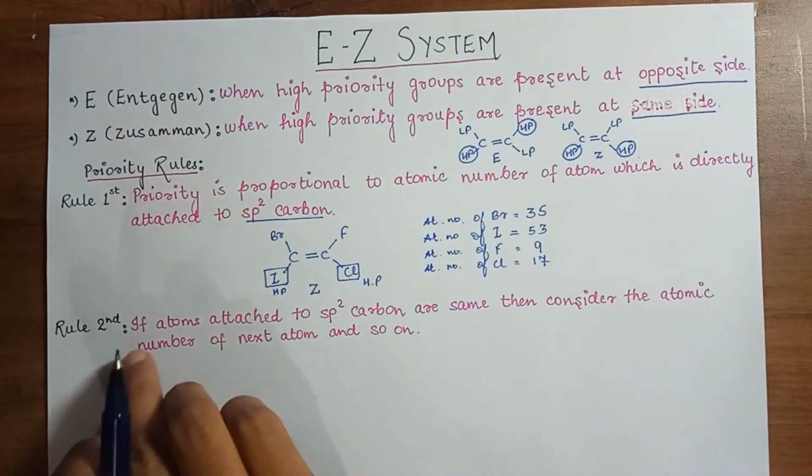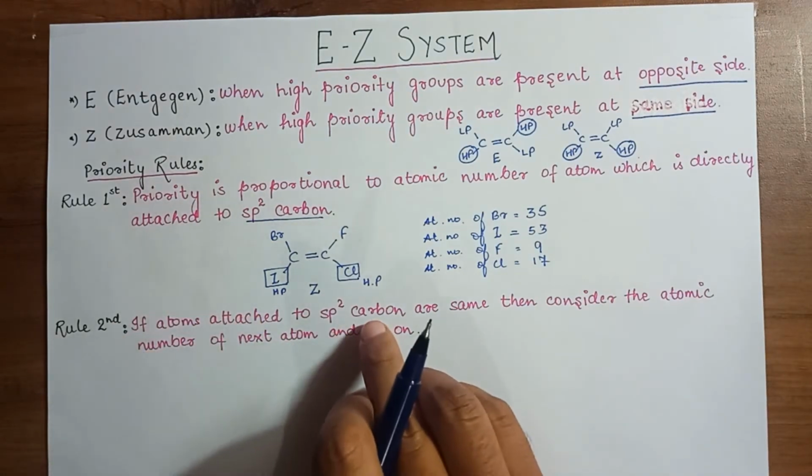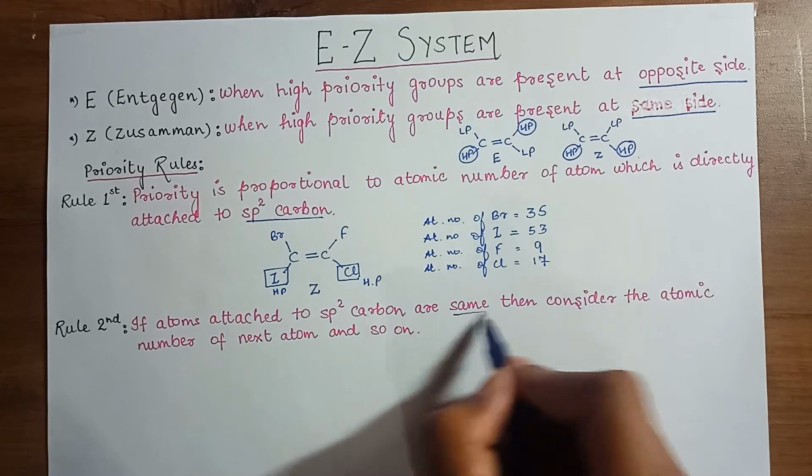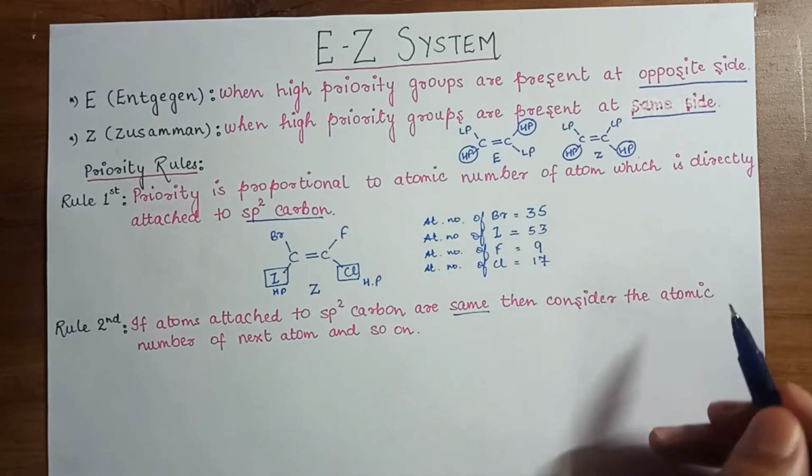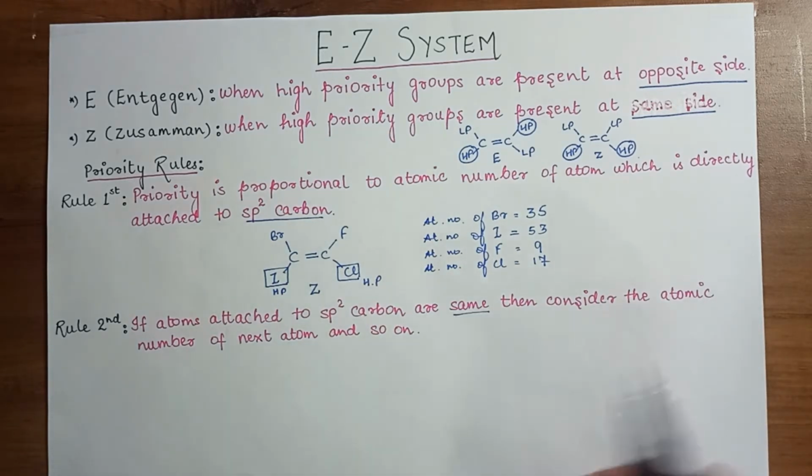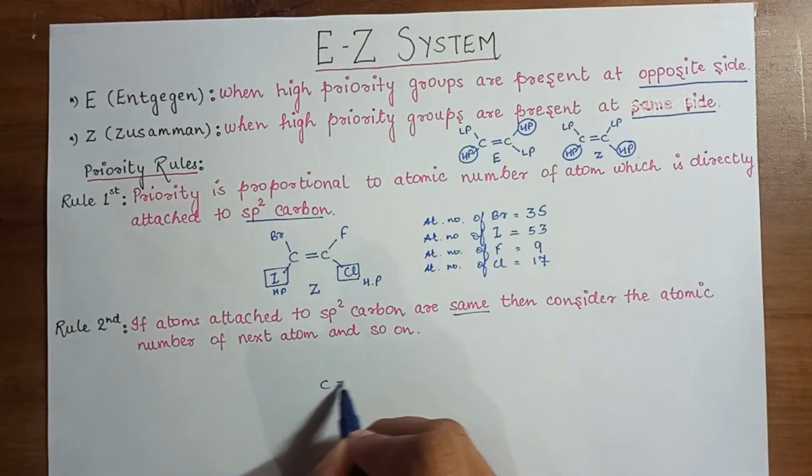So this was the first rule. The next rule is, if the atoms attached to the sp2 carbon are the same, then consider the atomic number of the next atom, and so on. We will understand this rule by taking an example.